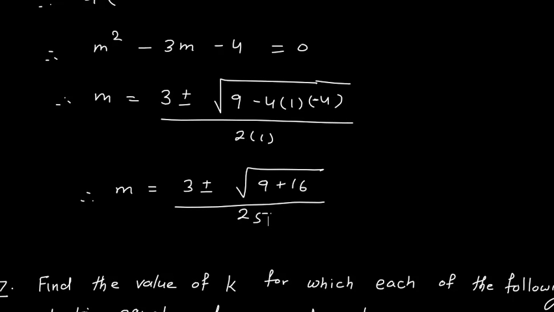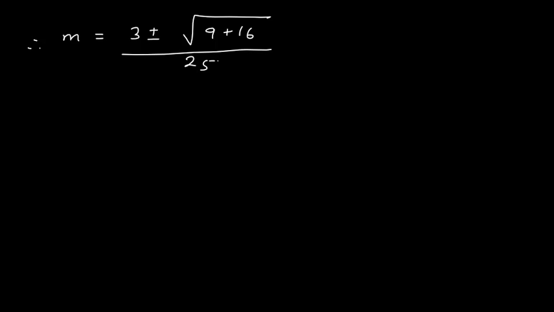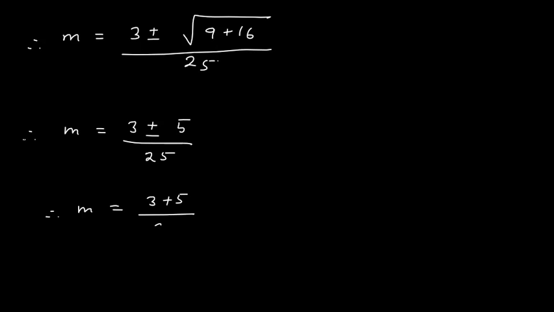So therefore, we will say that m is equals to 3 plus or minus, this is square root of 25 is 5 and whole divided by 25. So therefore, we have m is equals to 3 plus 5 divided by 25 or we have m is equals to 3 minus 5 divided by 25.